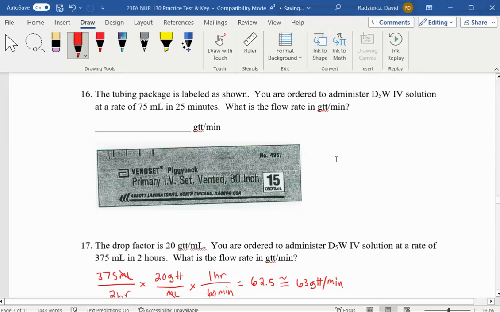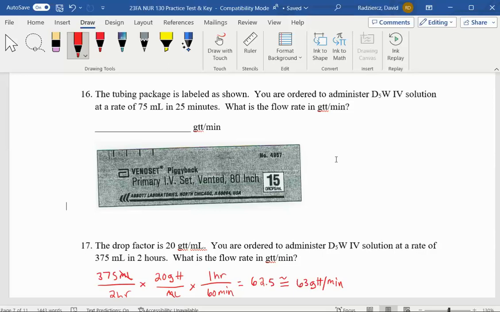It's just measured in drops per minute. In order to calculate a drop rate, we need two pieces of information. We need to know the flow rate, the volume over time, and we need to know the drop factor. The drop factor will either be given to you in the context of the question, or there'll be a picture of the label, and you have to look at the label and say, okay, it's 15 drops per milliliter, as it says there.